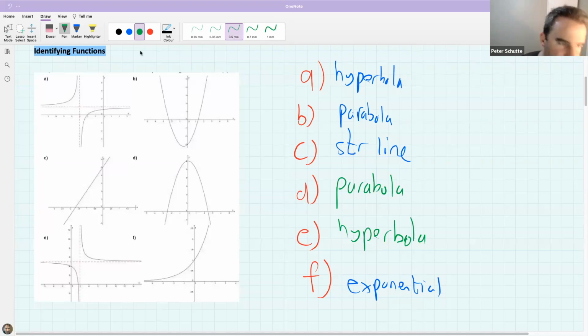So just to point out a few more things, I often talk about this being a happy parabola because it kind of looks like a happy face. The thing that makes a parabola happy is if the number in front of the x squared is positive. So if I have ax squared plus something, that a has to be positive to be happy. Whereas if we look at this one over here, I often think of this as an unhappy parabola.